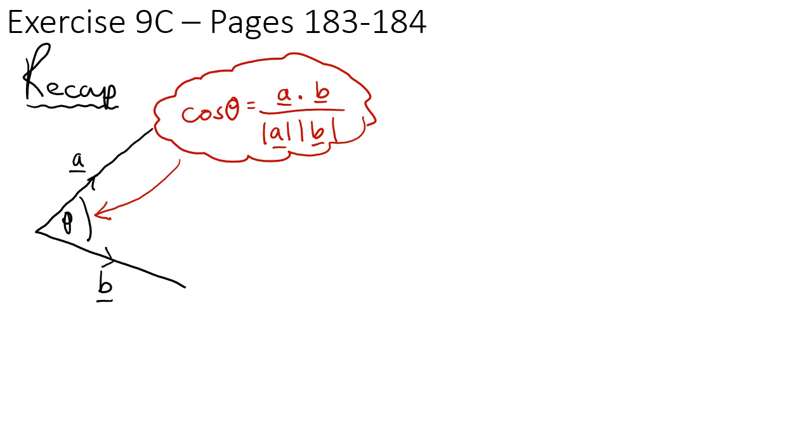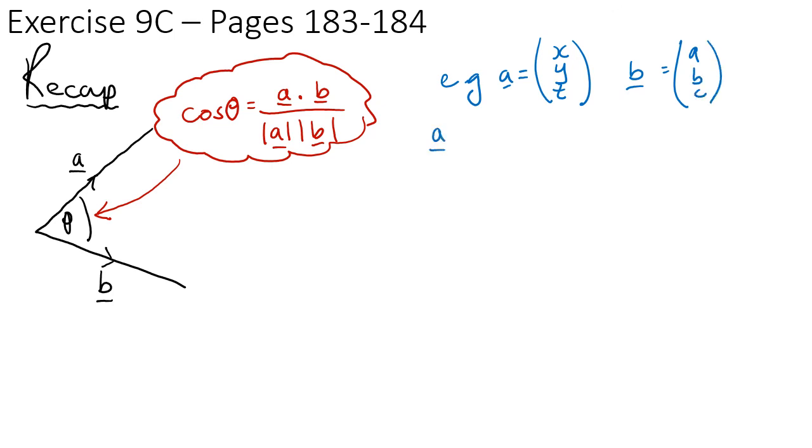Now what we said was, if for example vector A is (x, y, z) and vector B is (a, b, c), then the dot product is equal to ax plus by plus cz. There were a couple of results we found.